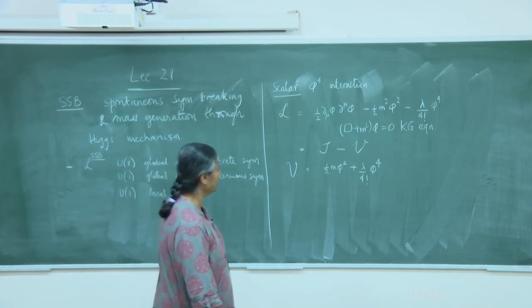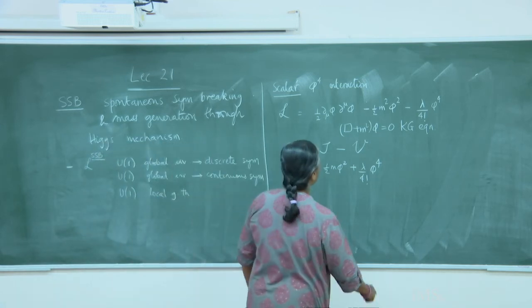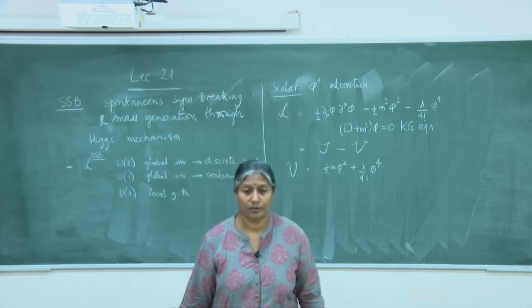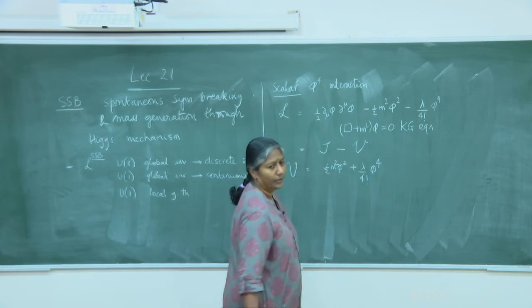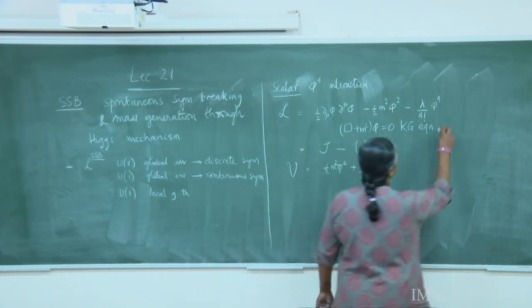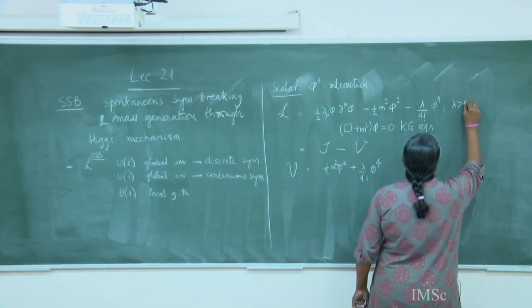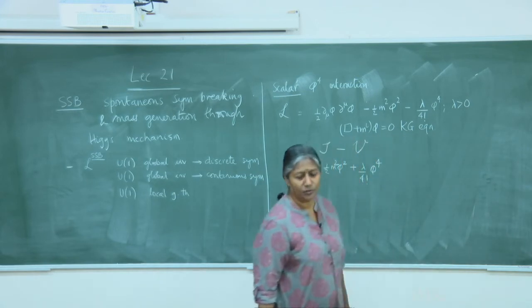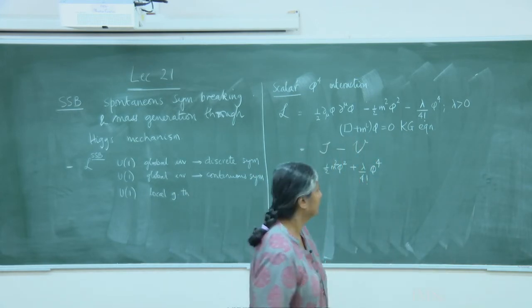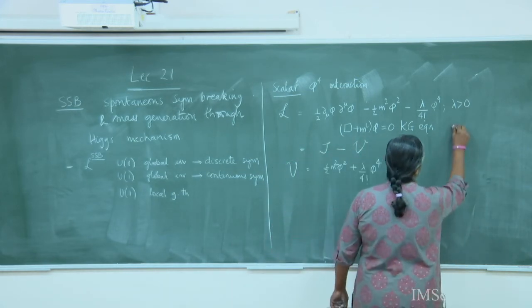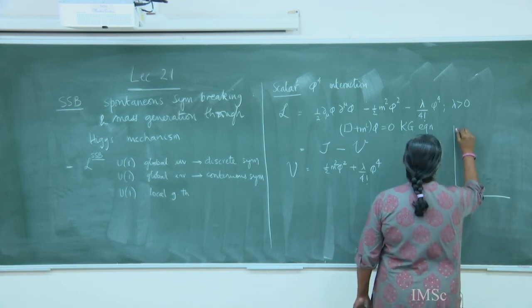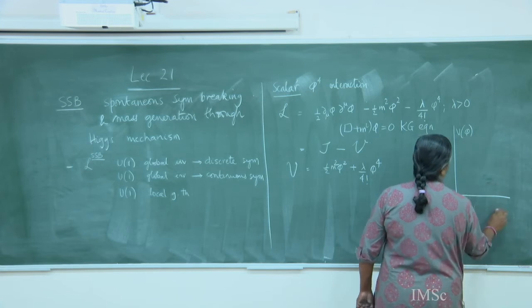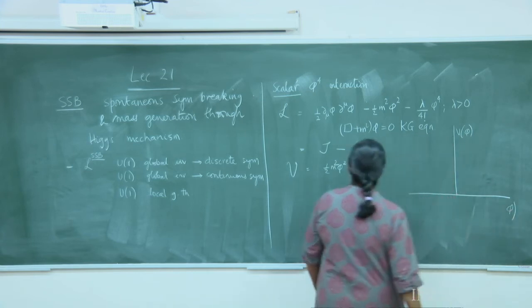Now let me plot this potential. First of all, lambda greater than 0. Why should lambda be greater than 0? Let me plot this potential, V of phi as a function of phi.